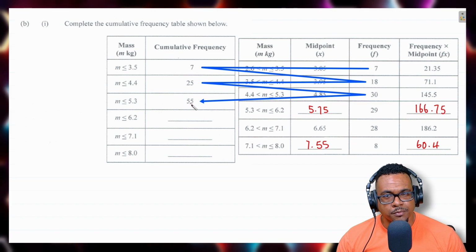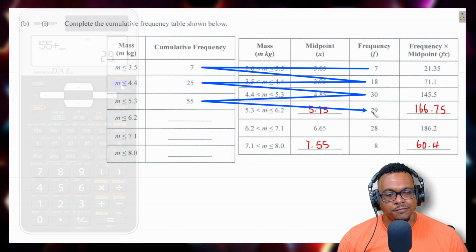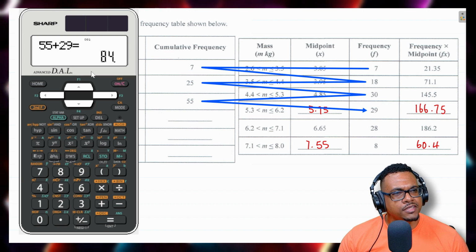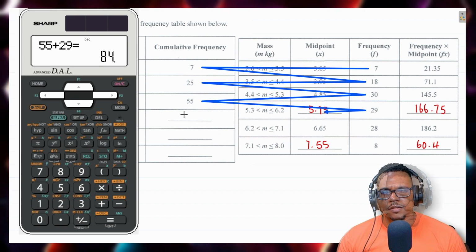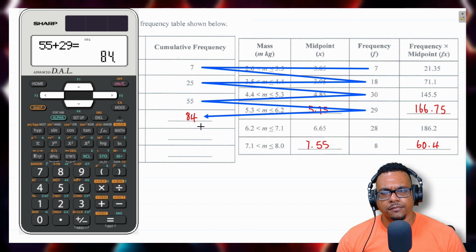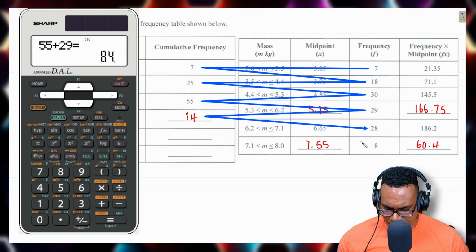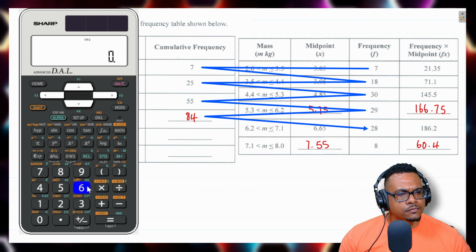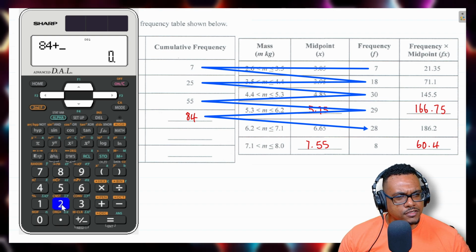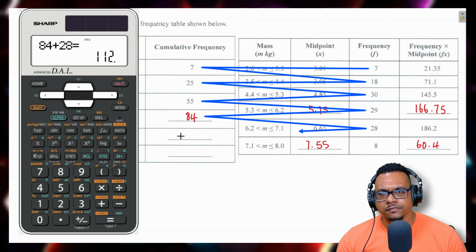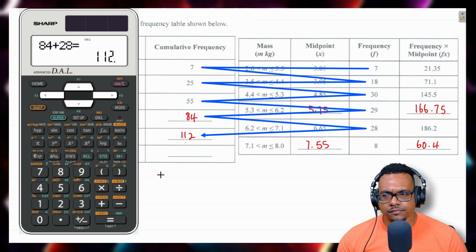So to continue, you have to put 55 plus 29. So 55 plus 29, that will give you 84. So I'm going to write 84 here. Then I'm going to have 84 plus 28, and that's equal to 112.